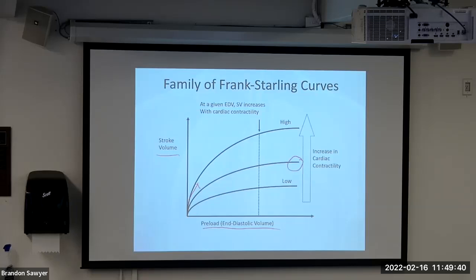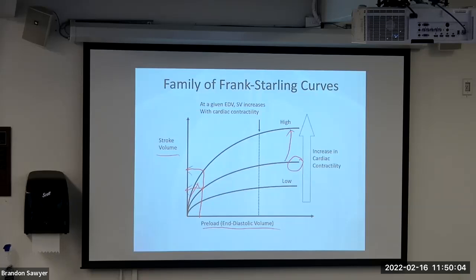This might be our midpoint, not a lot of sympathetic nervous system activity. But if we increase sympathetic nervous system activity for that same amount of preload, we get a lot more stroke volume, right? For the exact same amount of preload, we get more stroke volume simply because we contract the heart harder.